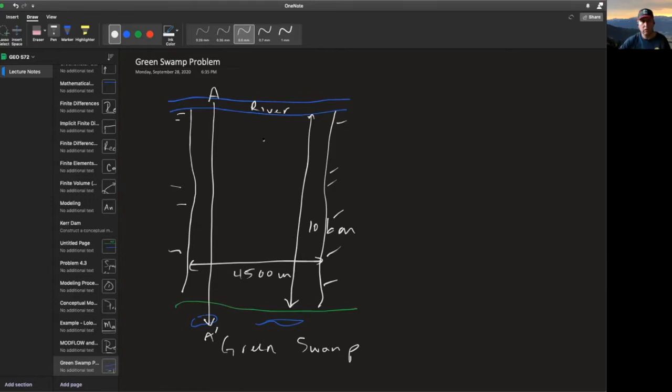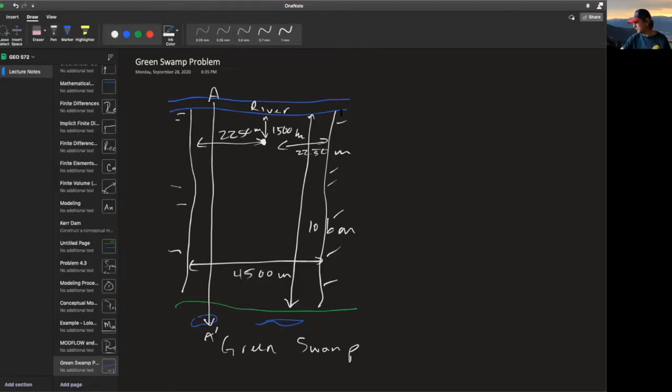And we got a well that we're going to put here. That's 1,500 meters, 2250, 2250.